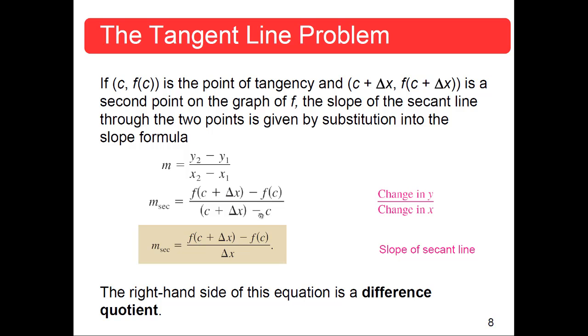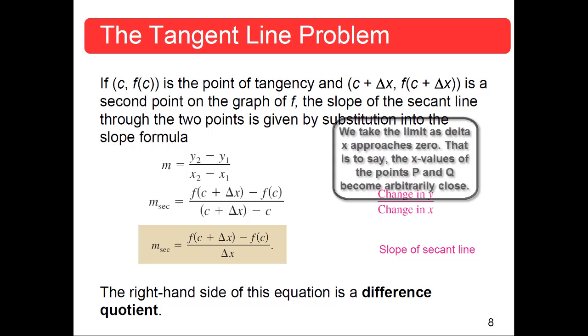And then one minor step here is just to simplify the denominator. Since we have a negative c and a positive c, that leaves just a delta x on the denominator. Again, this is just an algebraic move here. It is using the slope formula with these two abstract points. Okay? And then where the calculus comes in is when we take the limit of this expression, the limit of the difference quotient.